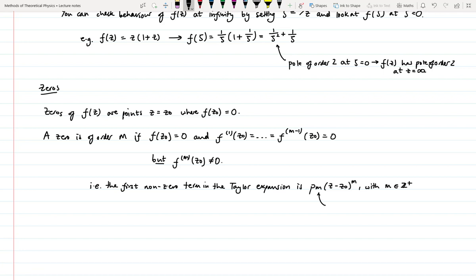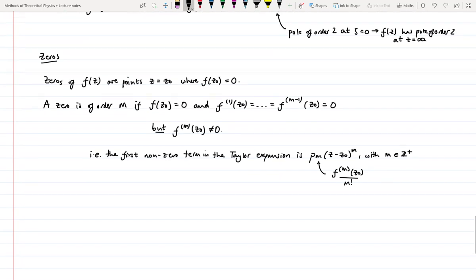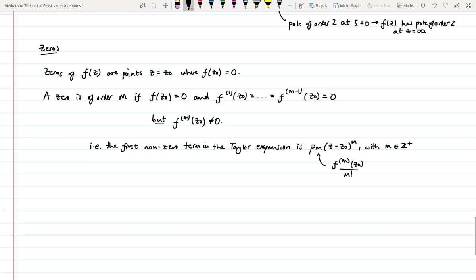You'll recall that Pm are given by the mth derivative evaluated at z0 divided by m factorial. And we name these in a similar way to poles. We say that a zero of order m equals 1 is called a simple zero.